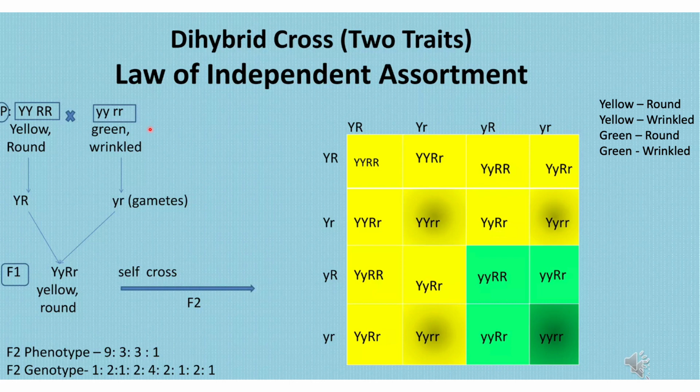Since these are pure parents, they have homozygous copies of each of the alleles. So it was seen that all peas were yellow and round in the F1 generation. Then, when F1 were self-fertilized, 4 phenotypes were observed. Those 4 phenotypes are yellow round, yellow wrinkled, green round, and green wrinkled.